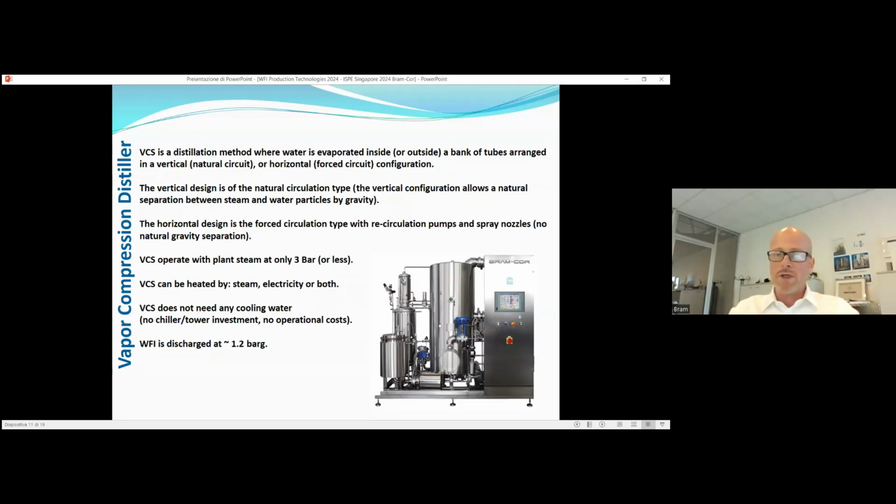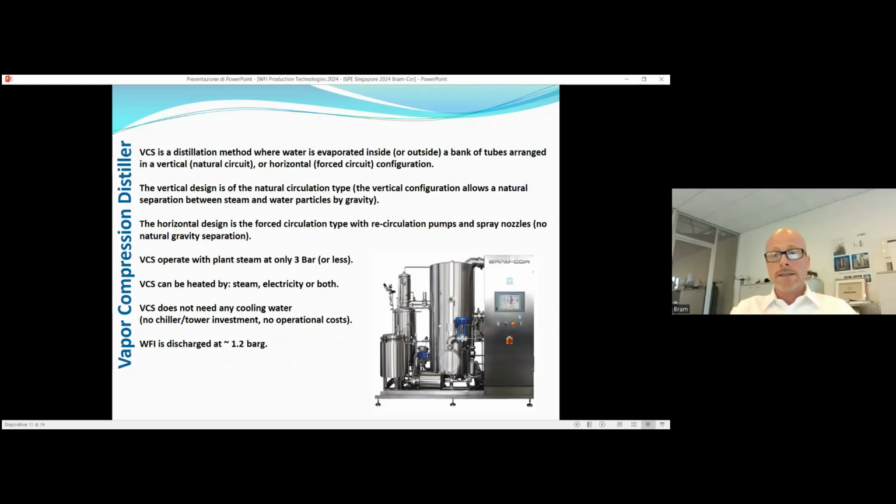It is possible with the vapor compression distiller. In a certain way, it's possible also with the multi-column distiller or the single column distiller. Let's say it is just more typical to find this kind of solution in the vapor compression distiller. The vapor compression distiller does not require cooling water to condense the WFI from the pure steam, so you don't need a chiller or tower water.